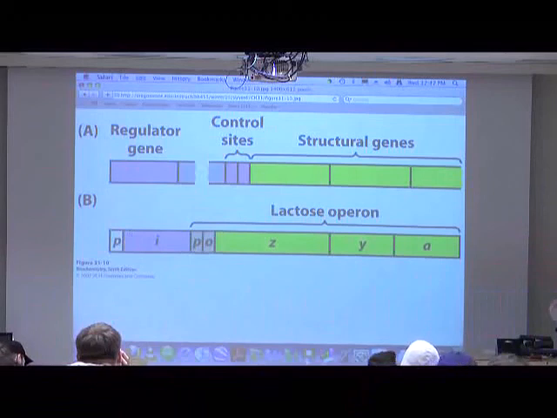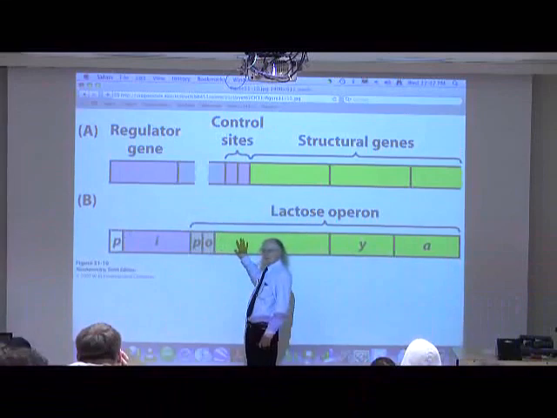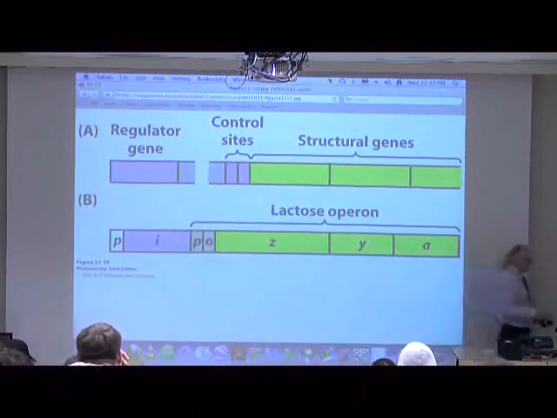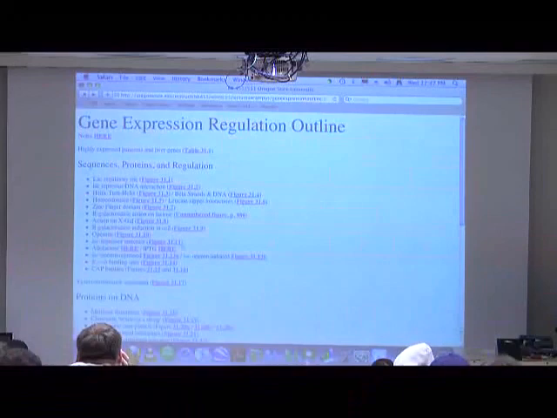Remember how I said we've got controls, we turn the volume up, we turn the volume down? Here's an on-off switch. If the lac repressor is sitting on this operator, this guy is off. Nothing's going to happen. Everybody with me? So, that's kind of cool. Well, we can see how we can turn that system off.